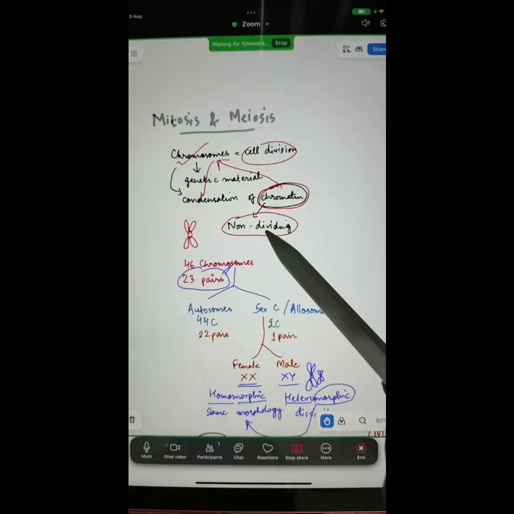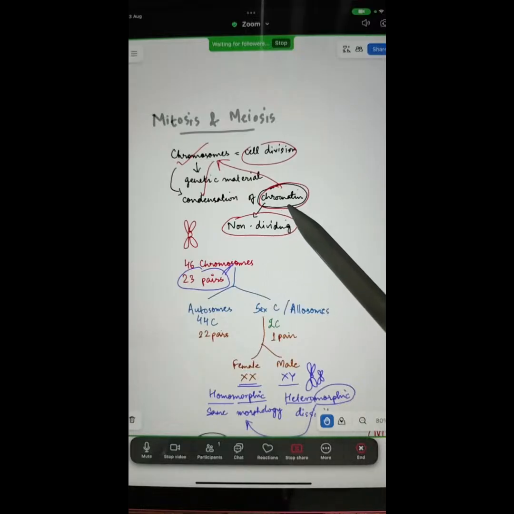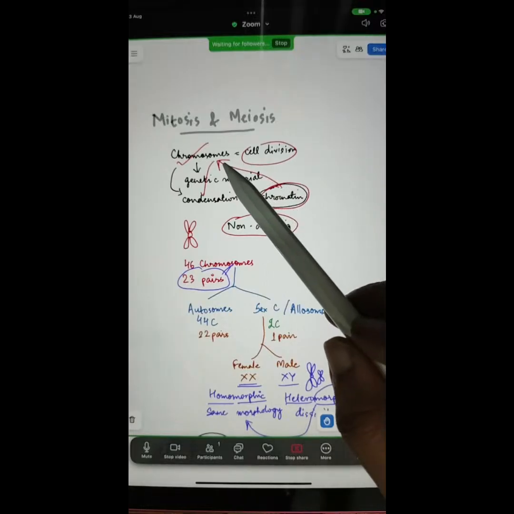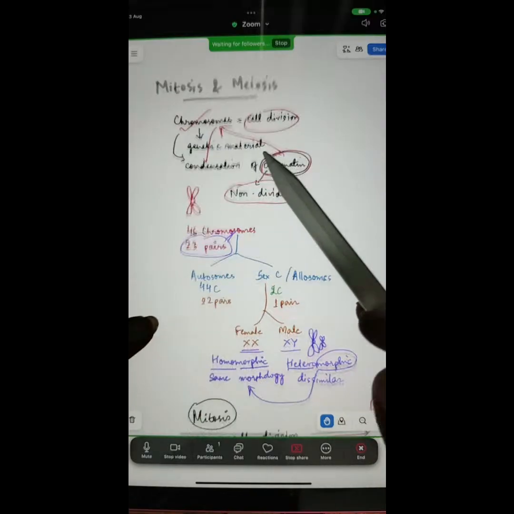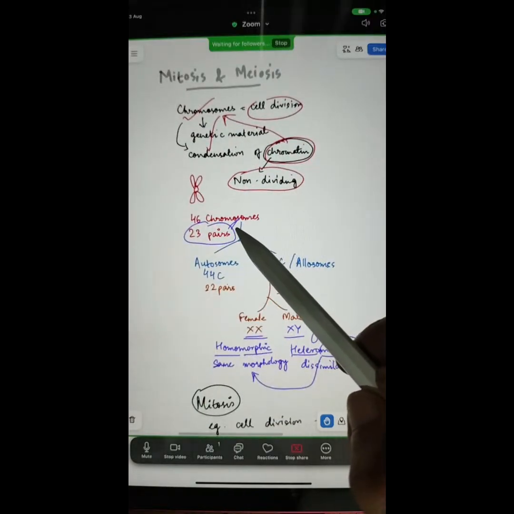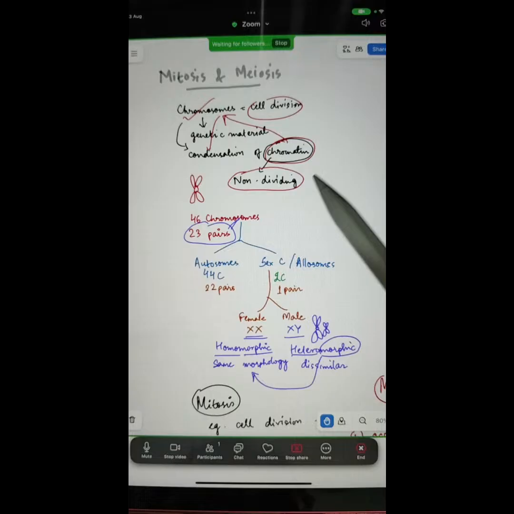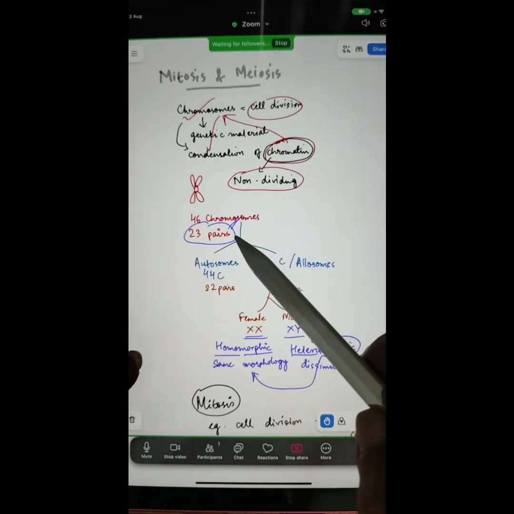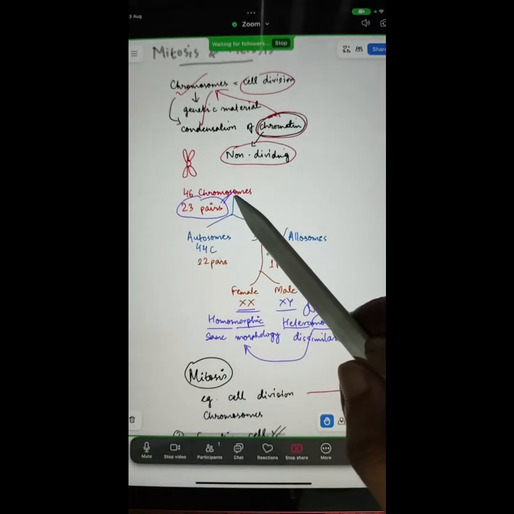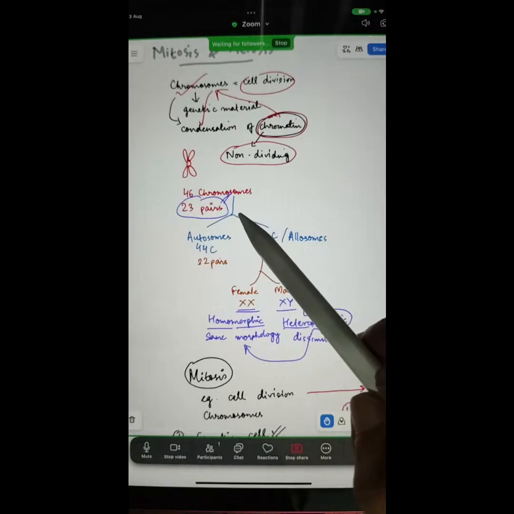So, in a non-dividing cell, what can we see? Chromatin. What can we see in a dividing cell? Chromosomes, right? How many chromosomes are there in each cell of the body? 46 chromosomes, but they will not be there in sperms and ovum. Generally speaking, all the non-reproductive cells have 46 chromosomes, which are also known as 23 pairs.